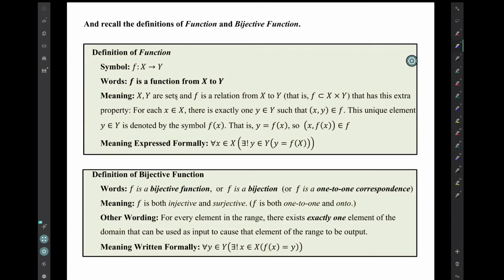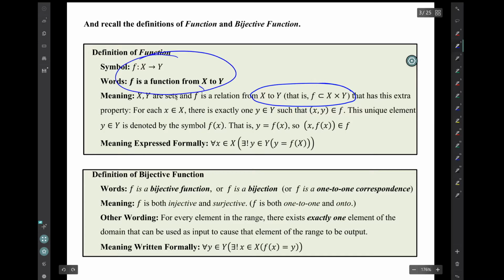And recall the definition of function. A function from X to Y is a relation from X to Y that has an extra property. For each x in the domain set, there is exactly one y in the range set such that that ordered pair is in the relation.